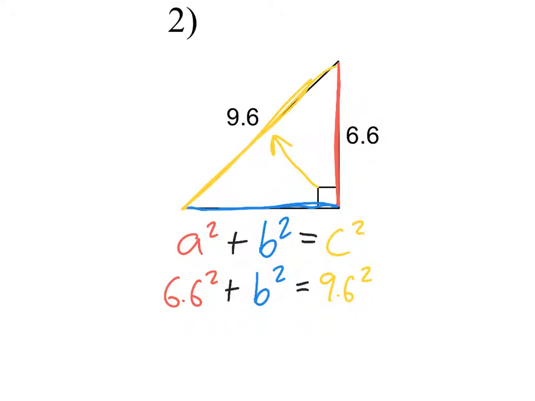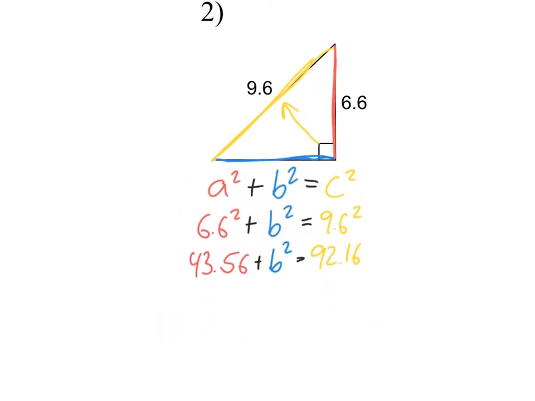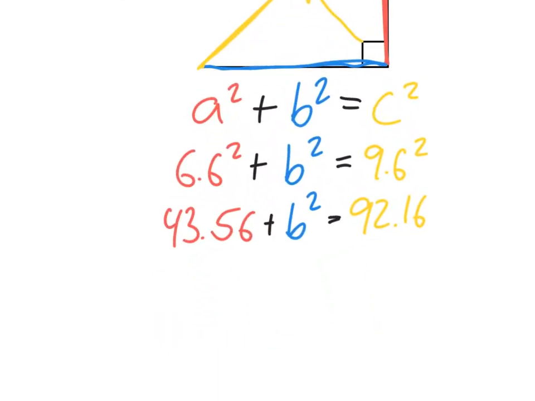So in the calculator, I'm going to do 6.6 squared, or 6.6 times 6.6. I'm going to get 43.56. Still nothing for B, so I'm going to keep it B squared. And I'm going to do 9.6 squared, or 9.6 times 9.6. So I get 92.16. So again, before, when we were solving for side C, what we would do is we would add, but because we were solving for a leg, we have to do subtraction.